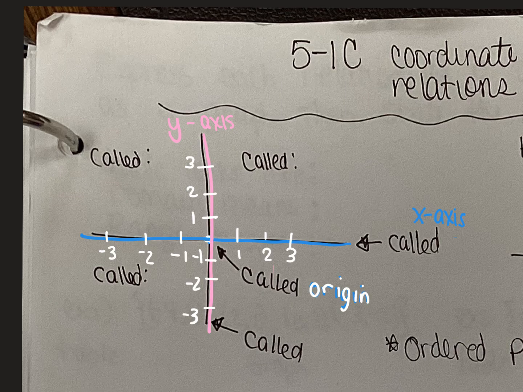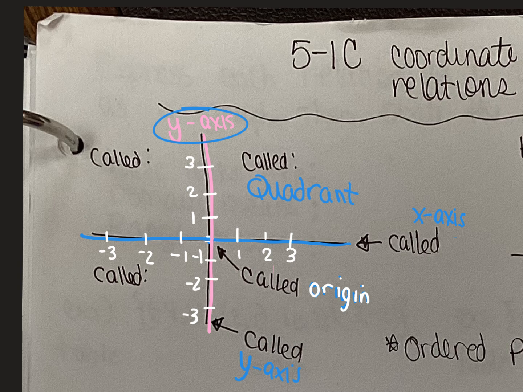So we've got our x-axis, our y-axis, our origin. Now we've got some more words. This one is a quadrant.